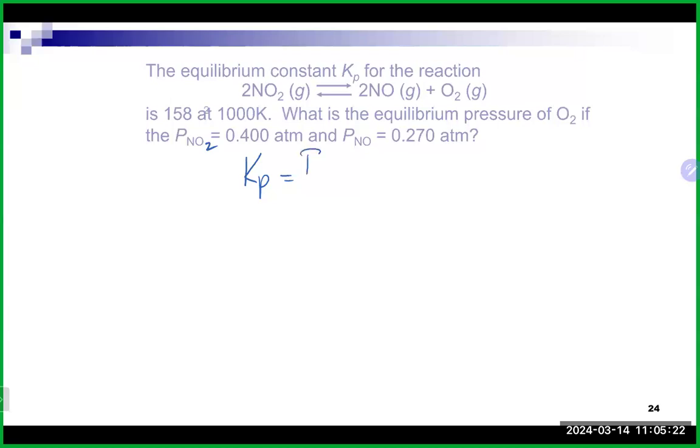It's going to be the partial pressure of NO, which we do need to square because of the coefficient, times the partial pressure of O2, divided by the partial pressure of NO2 squared, and that's going to equal 158.